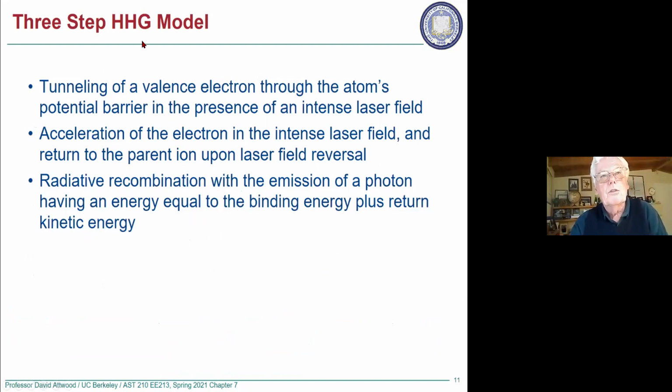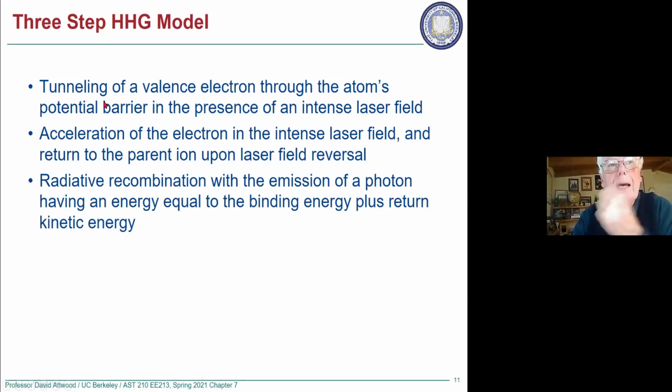So this is what's called the three-step model. And here are the 3 steps. They left out a few of the qualifying pieces of information I gave earlier. One, there's tunneling of a valence electron through the atom's potential barrier, meaning that the nucleus has an electric field and it's keeping things in and defining the orbit.